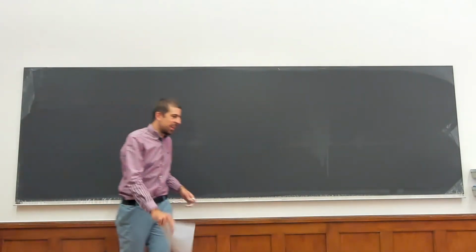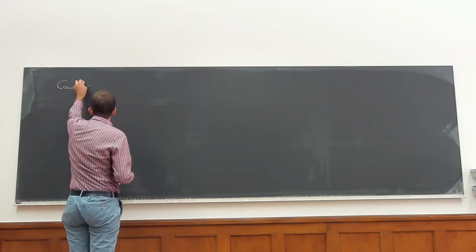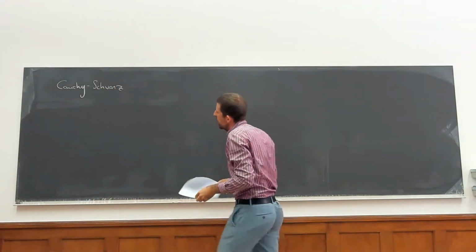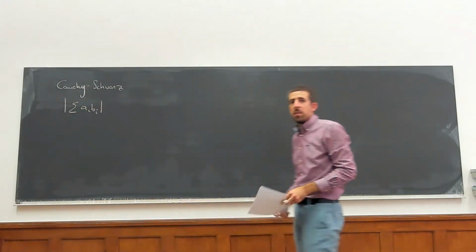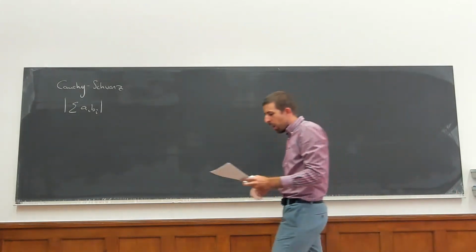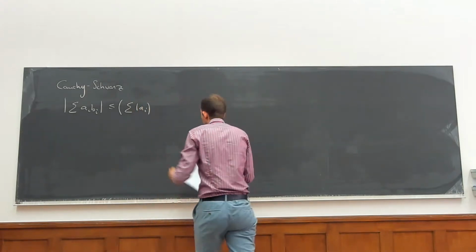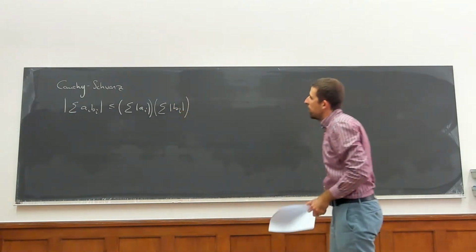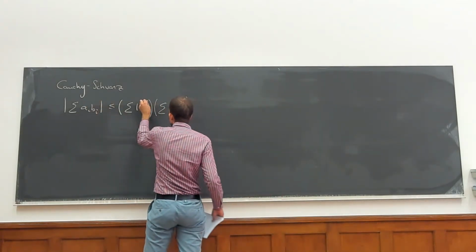The other inequality that is very familiar from linear algebra is Cauchy-Schwarz. We also have Cauchy-Schwarz here. It will be the same thing with complex numbers: if we have a sum of a_i b_i, think of it like an inner product, this is smaller or equal than the sum of the squares of a_i, times the sum of the squares of b_i. Oh, I forgot a few squares.